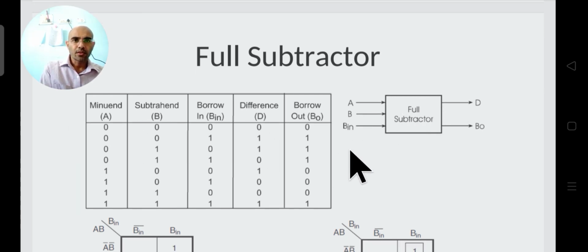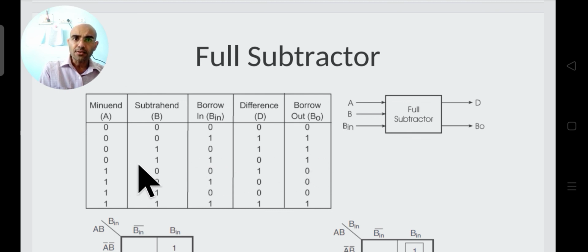Applying the same logic, if all the inputs are 0, then the difference and borrow both will be 0. If one of these is 1, 0 minus 0 is 0, but 0 minus 1 requires a borrow, so the borrow will be 1 and the difference will also be 1, using the same logic which we saw in the half subtractor case. Here again, same logic, so both the outputs will be 1.